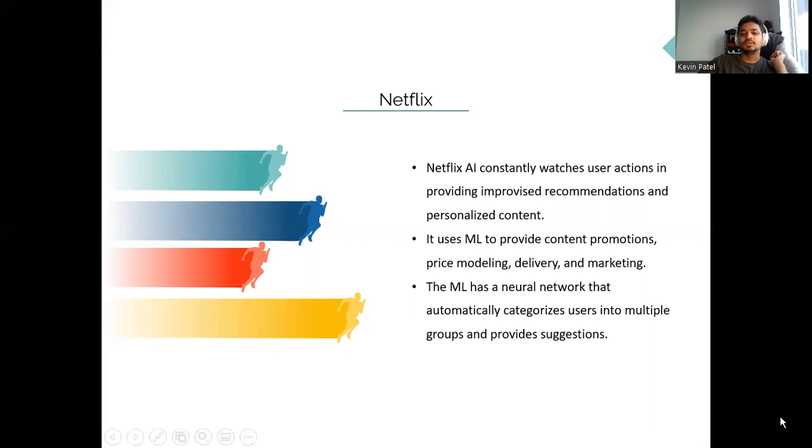So the machine learning concept for Netflix is actually used for content promotion, price modeling, delivery, and marketing everywhere, because that has been proven most effective, where the users feel that they are in control.